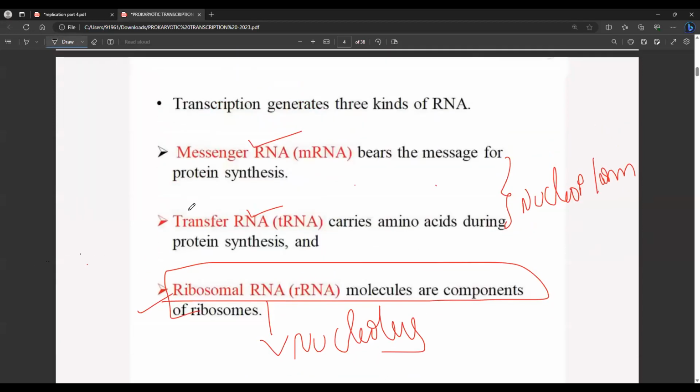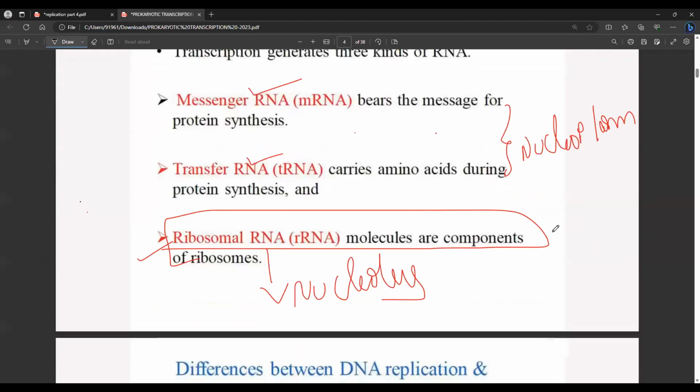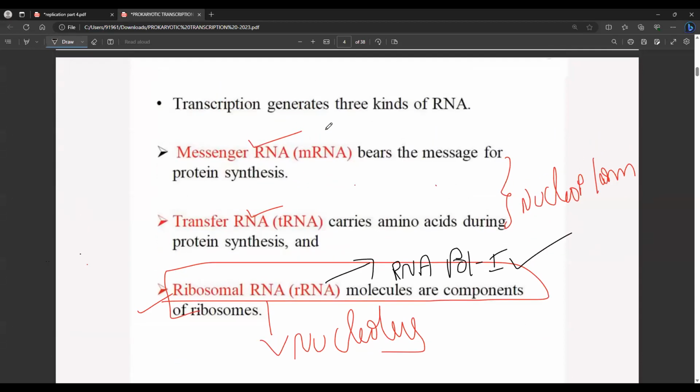All the students remember. rRNA can be synthesized by, you can expect a matching question, RNA polymerase 1. RNA polymerase 1 synthesizes rRNA. mRNA can be synthesized by RNA polymerase 2. That's also a very important point.